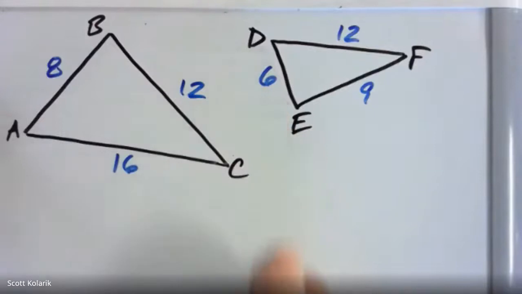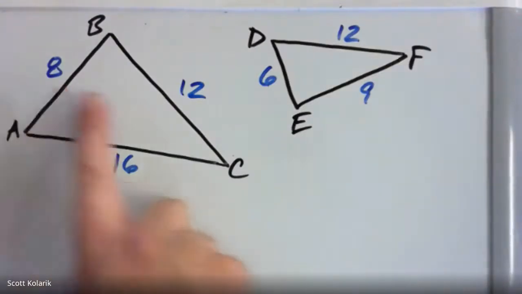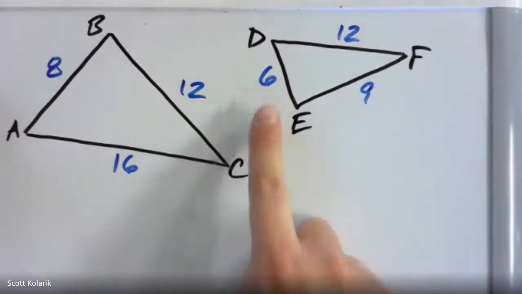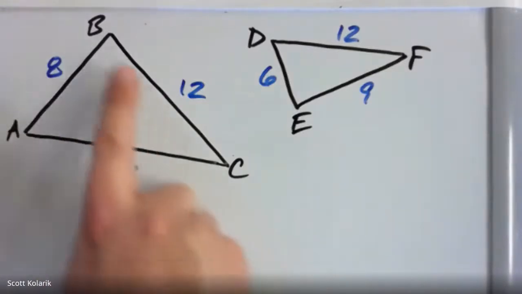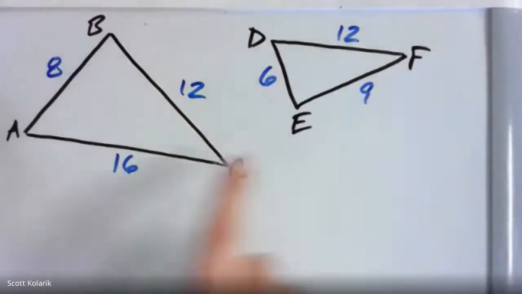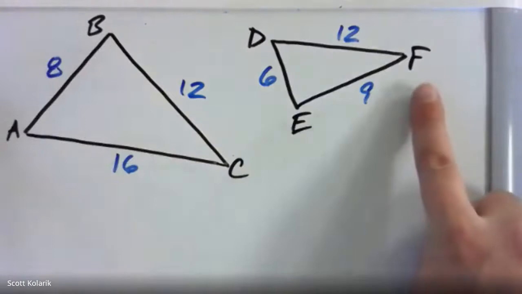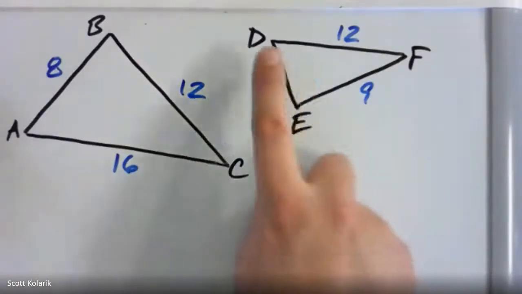Corresponding side lengths need to have a ratio, some sort of scale factor multiplier that takes one and turns it into the other. Let me express that with a fraction, right? But whatever that scale factor ratio is, whatever that reduced fraction is going to be, has to be the exact same as each of the other corresponding pieces. So for instance, BC down to EF or AC down to DF.